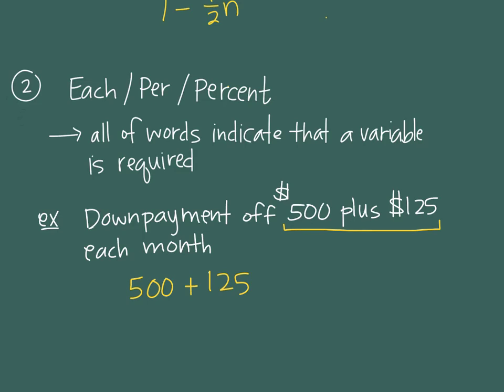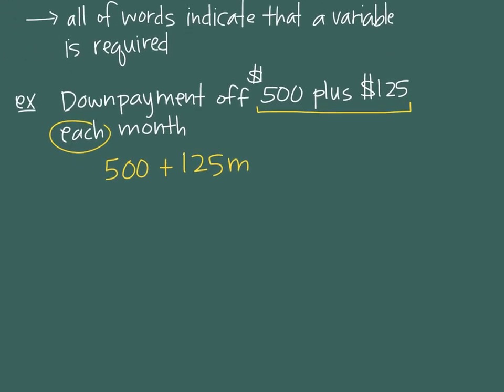It's 500 plus 125 each. Each, and so that means that 125 has to be followed by a variable. So each what? Each month. So maybe we'll use M for month, or we'll use X. So it's not just 500 plus 125, end of story. It's 500 plus 125 ongoing for every month that occurs.